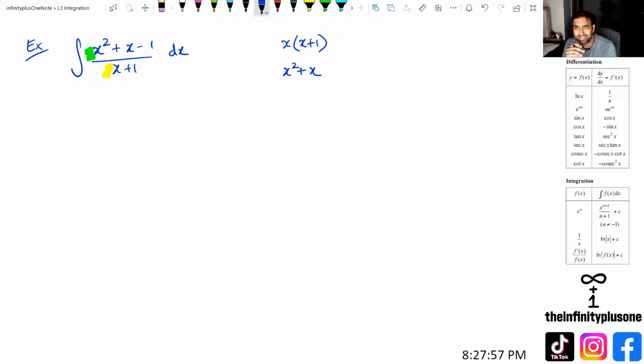Now this is kind of weird because it just works out really nicely here. But yeah, that looks okay. So let's just see what happens. That means I would now rewrite this as the integral of x plus 1, because that's x squared plus x, minus 1, over x plus 1 dx.